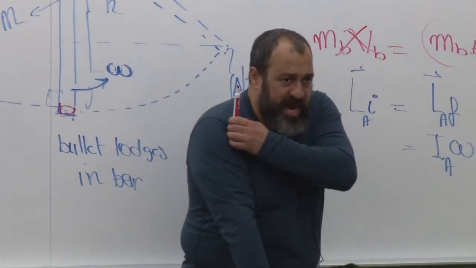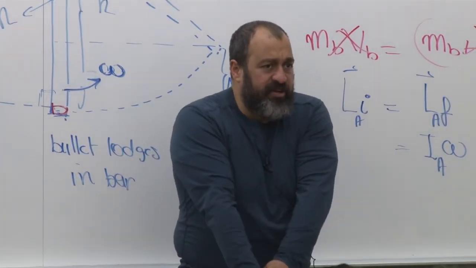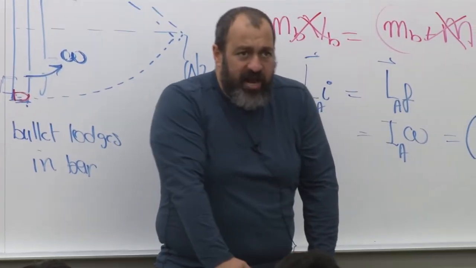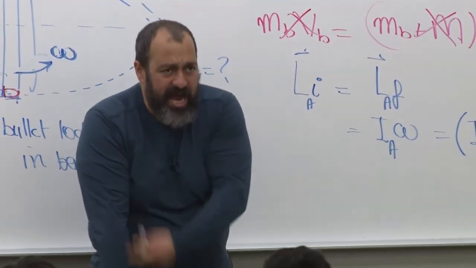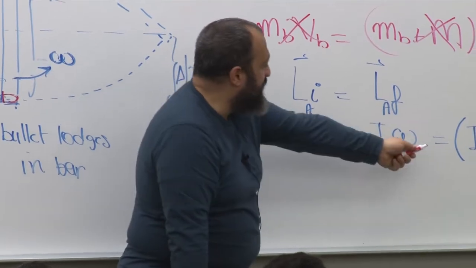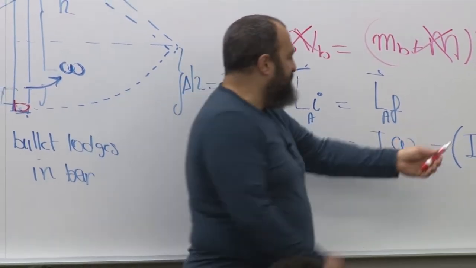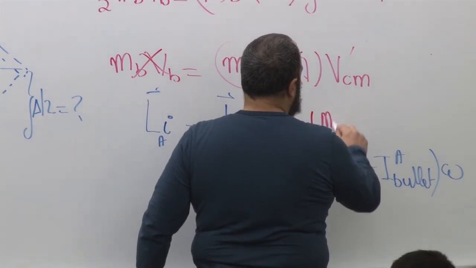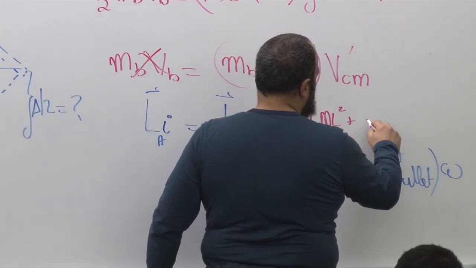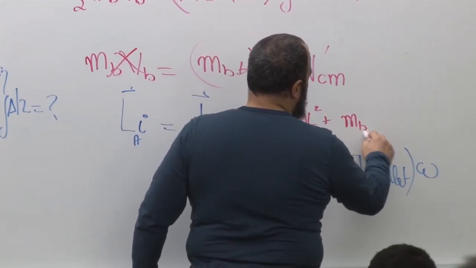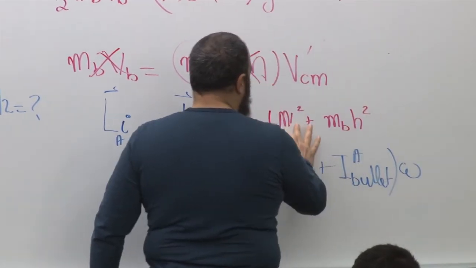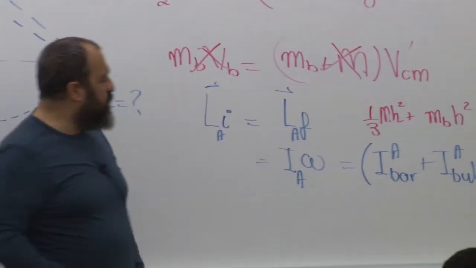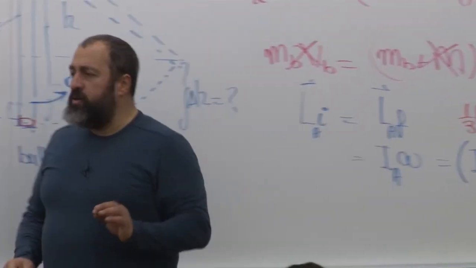The object is made up of the bar and the bullet together, and they're beginning to spin at omega. Their angular momentum is given by I about A times omega. What is that? That is easy. We just did that a second ago. It's 1/3 m l squared for the bar, and for the bullet it's equal to m bullet times h squared. The length is h. Okay? Fine.